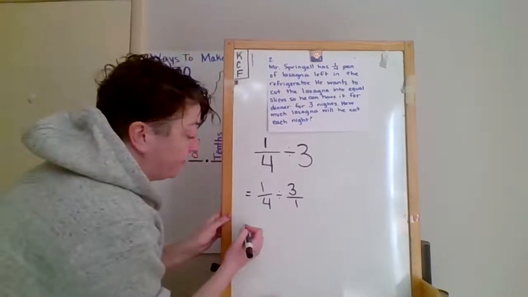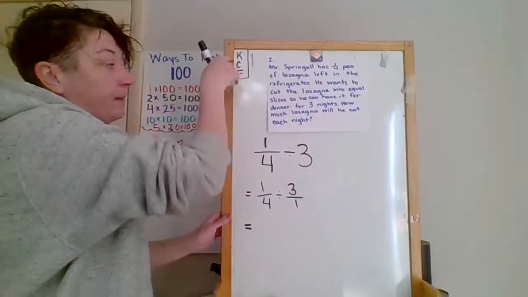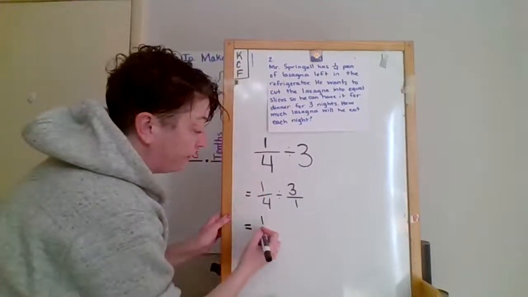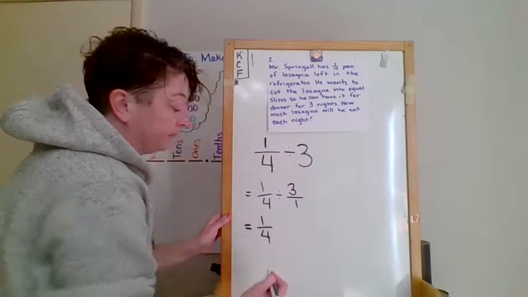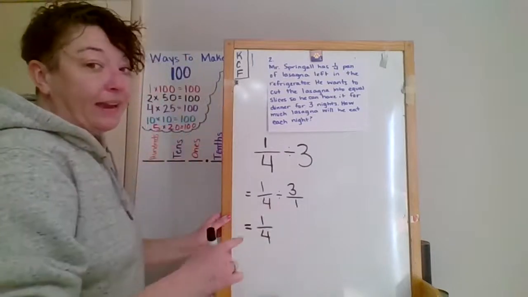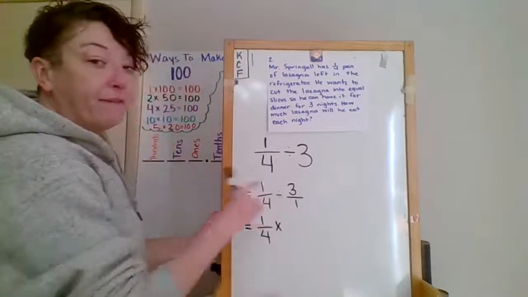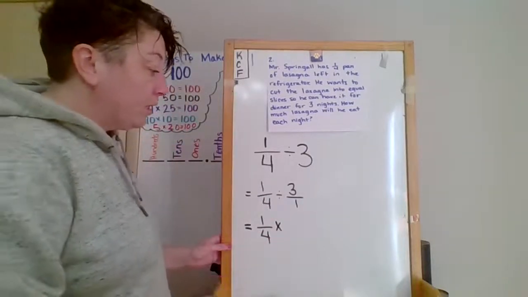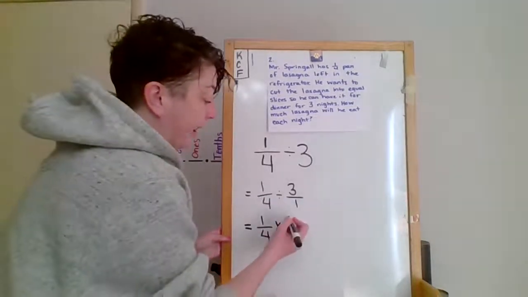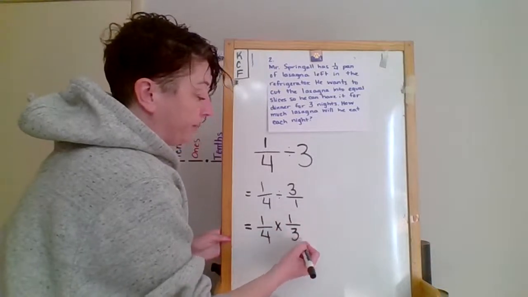So 1/4, keep. So I have 1/4. The sign I change to multiplication. And now I flip my fraction. So instead of 3/1, I have 1/3.